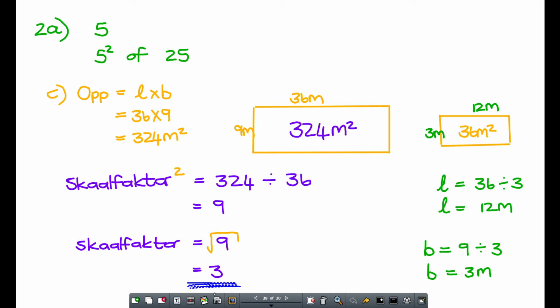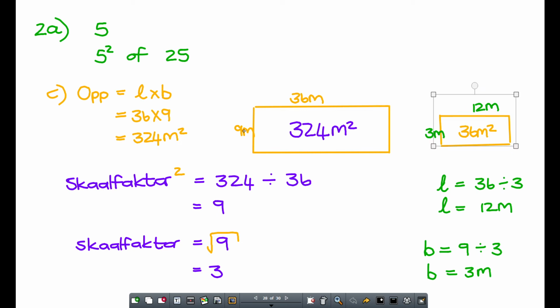Okay, so now that I know the scale factor, I must actually go get these sides. Now, because that side, the length is 36, I'm going to say length will be 36, and I've got to get the reduced shape. So I'm going to say divide by the scale factor of 3, and that gave me 12. Are you guys fine with that? So now I know the reduced length would be 12.